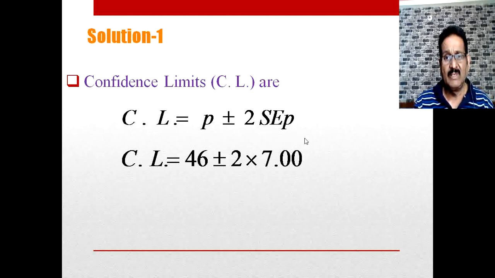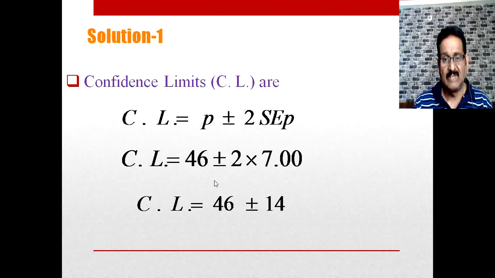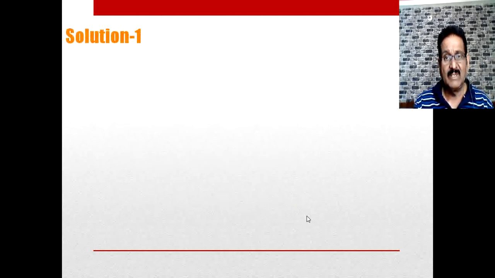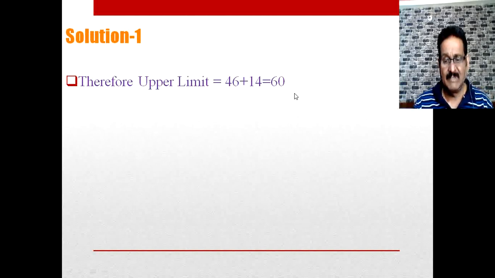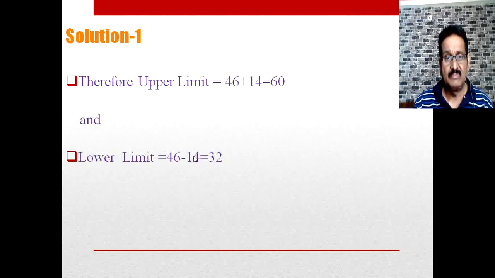So you have to count on your fingers or solve mathematically yourself. So 2 into 7 is 14, and 46 plus or minus 14 gives the two limits, which can be solved easily. For the upper confidence limit you use the plus sign, which is 60%, and for the lower confidence limit, when you subtract 14 from 46, that will give 32.